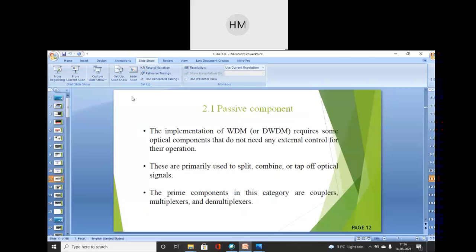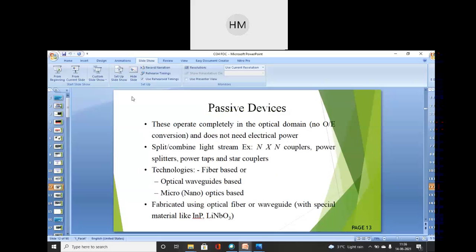Whenever we don't need any external control, those devices are known as passive devices. So clear, students, passive components, passive devices, which are used for designing of WDM.